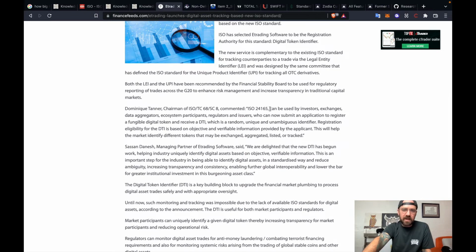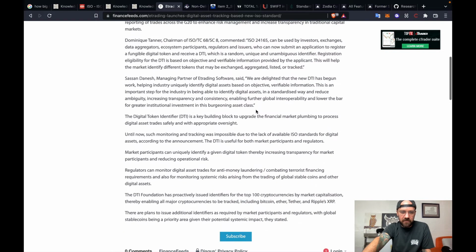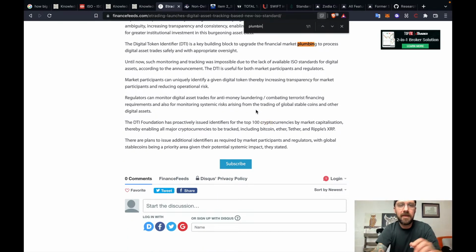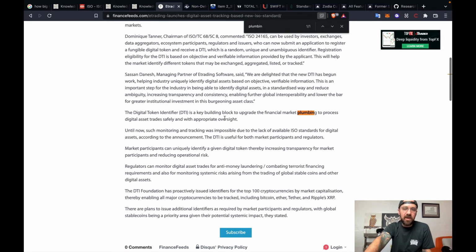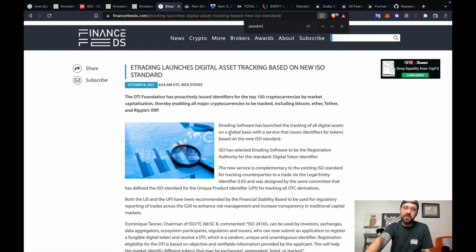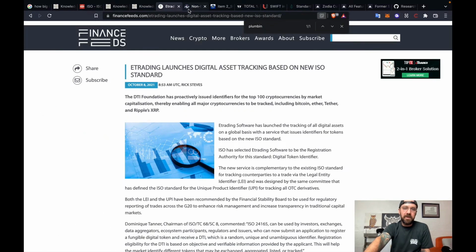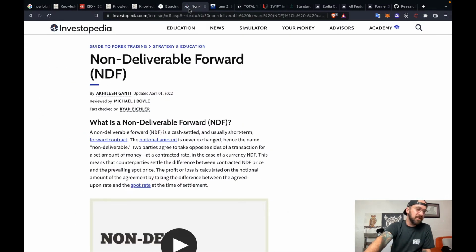But talking directly about ISO 24165, the interesting thing within this is essentially the digital token identifier being a key building block to upgrade the financial market plumbing to process digital asset trades safely and with appropriate oversight. They're talking about cryptocurrencies along with other digital assets, ladies and gentlemen, and it is massive based on the volume flows that might be involved in some of these. Now, it's obviously going to start slow, but that integration process is already occurring.